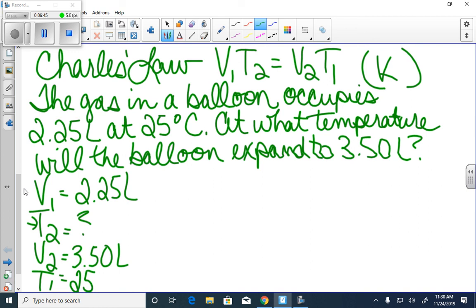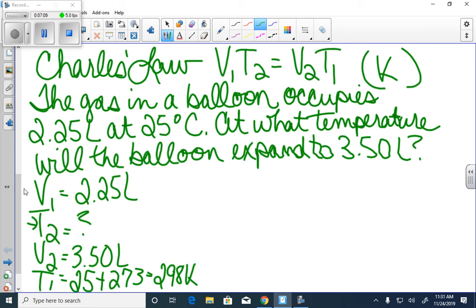So again, you've got to get that in Kelvin. Your formula sheet tells you temperature in degrees Celsius plus 273 gives you Kelvin. So we've got 25 plus 273, and that will give us 298 Kelvin, or 298 K.